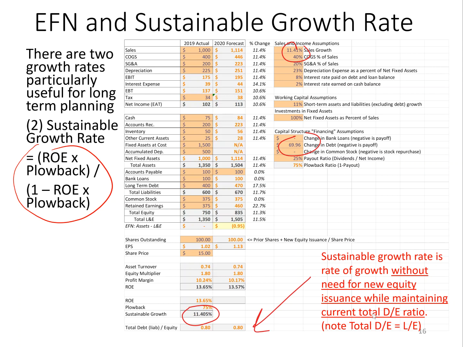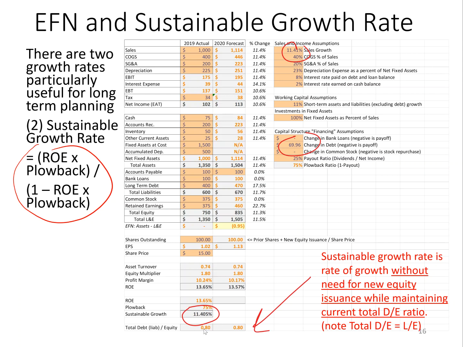Actually, sometimes the liability to equity ratio is called the total debt to equity ratio, so it's a little confusing. I like to just call it the liability to equity ratio, but some people say all liabilities, including accounts payable, are debt. I don't like to think of it that way.